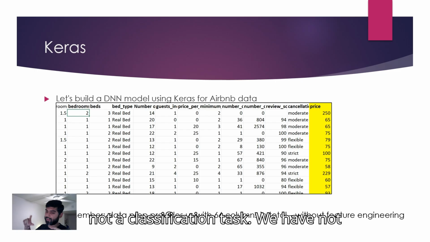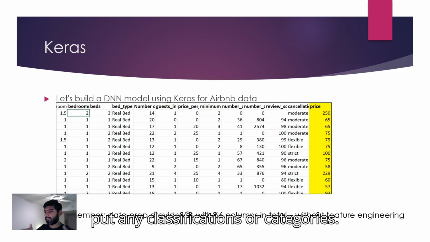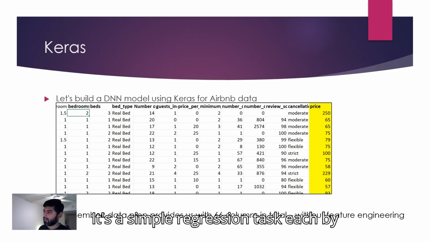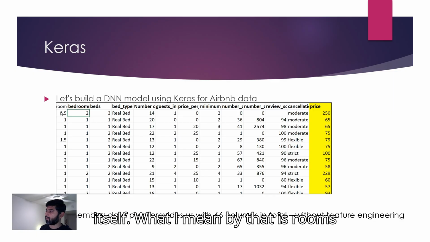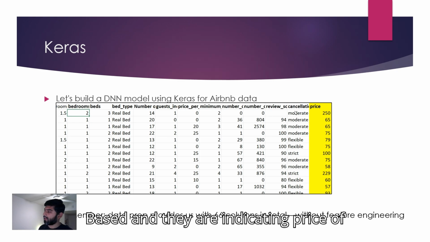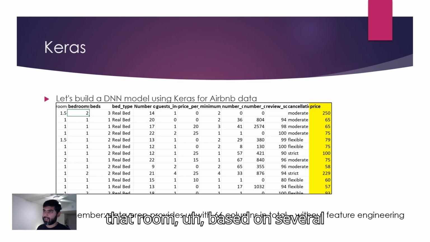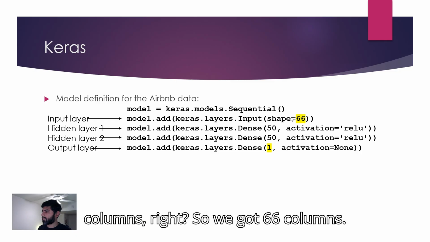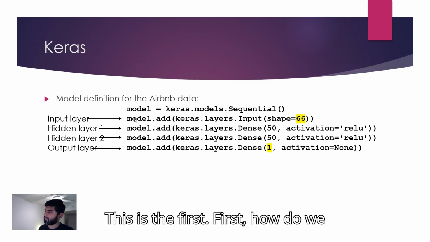We have not put in any classifications or categories. It's a simple regression task. What I mean by that is we have different columns indicating the price of that room based on several different features or columns. So we have 66 columns. This is the first.